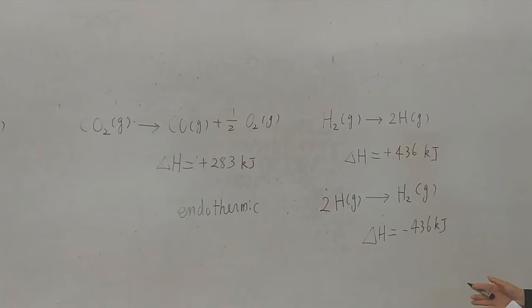So this gives off the heat to the surrounding, 436 kilojoules. But this formation, this is a dissociation reaction. The reverse case, the enthalpy of reaction, the sign is opposite. This is plus 436. This is minus 436 kilojoules.